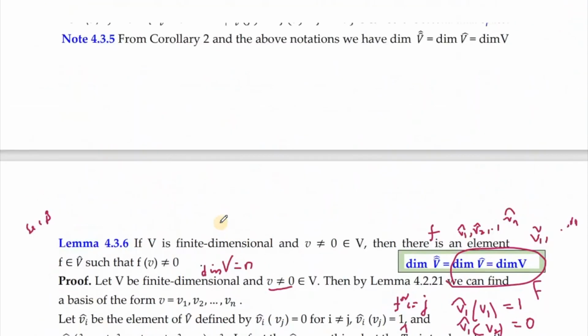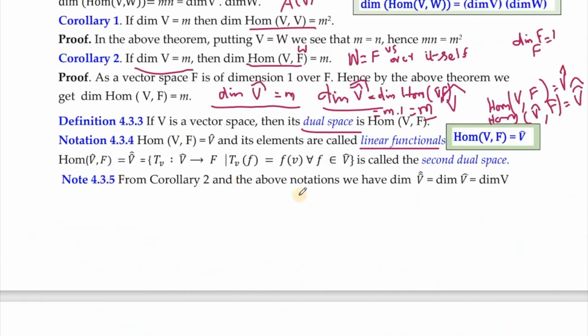Now V double cap, how are the elements defined in V double cap? Hom(V cap, F) is V double cap. So the elements of V double cap are the set of all T suffix v. It is T suffix v. Don't write it like this, Tv. So it is T suffix v.